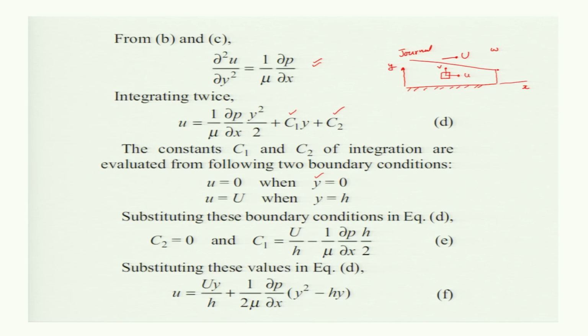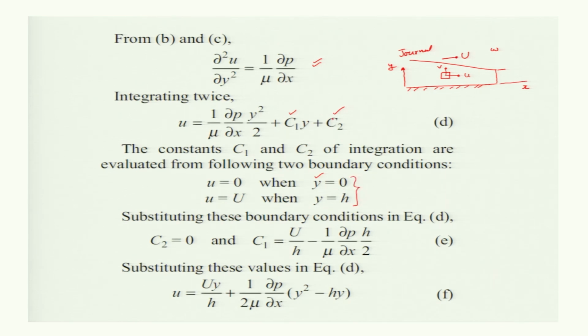When you have moved to y equal to h, you will be touching the journal surface, and the fluid touching the journal surface will have velocity equal to the journal velocity, from one of our assumptions. So at y equal to h, u, the velocity of fluid in the direction of x, will equal the surface velocity of the journal. So these are the two boundary conditions.